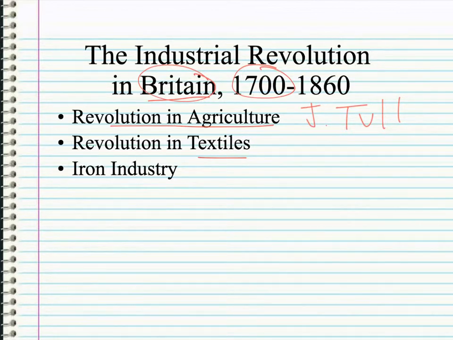Some of the inventions of the textile revolution included the flying shuttle. This was invented by a guy named John Kay. And John Kay's invention allowed one weaver, instead of two, to shuttle the loom from left to right and then back again without a second operator. Another invention was the spinning jenny, and this was invented by a guy named James Hargreaves.